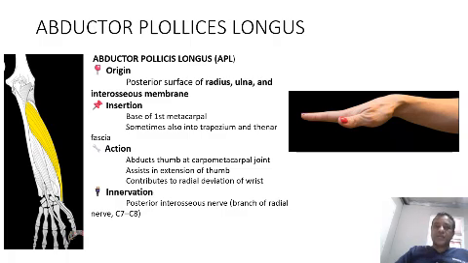From a radiotherapy or surgical preparation perspective, understanding the course of APL helps in positioning the hand and wrist to avoid tendon compression and ensure anatomical clarity. So while it's a deep muscle, its impact is quite visible, especially in thumb function.